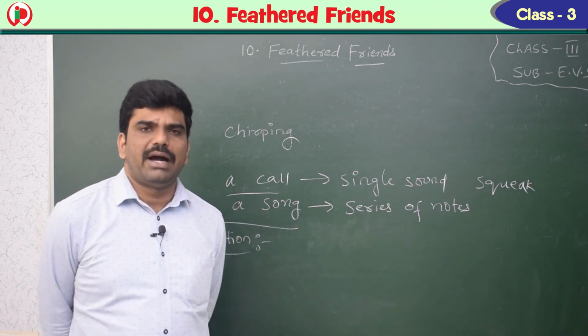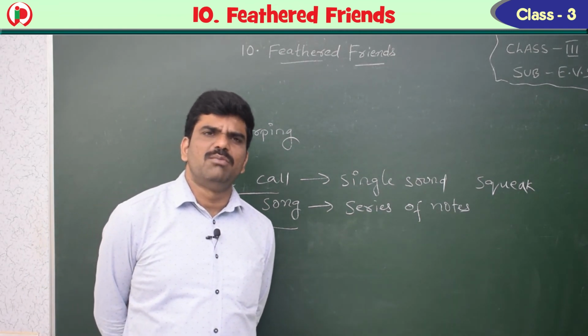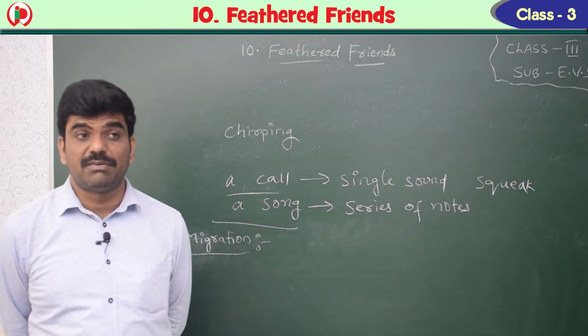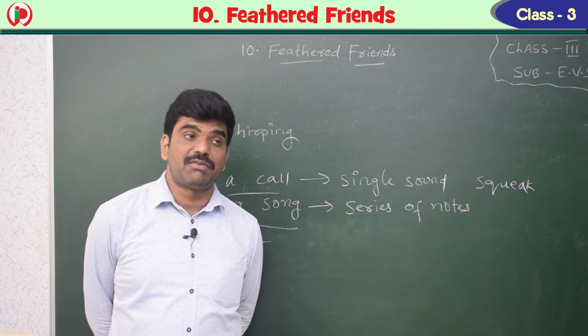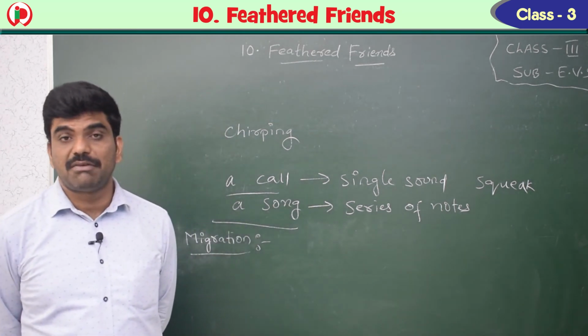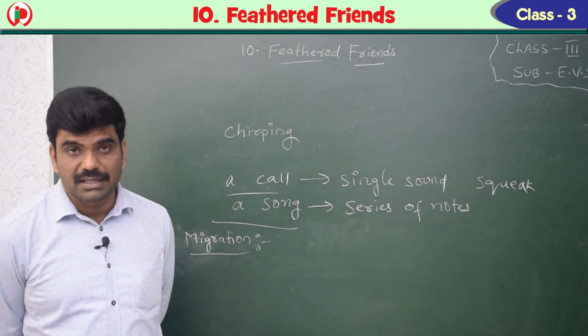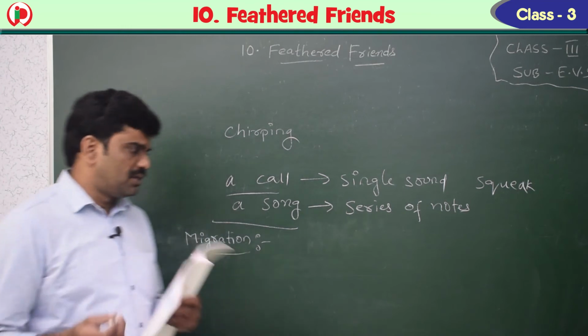So to avoid the extreme cold conditions, the birds will move from one place to another place, even some hundreds and thousands of kilometers. They travel from one continent to another continent, and some birds travel from one country to another country. Okay, so such birds are called migratory birds.